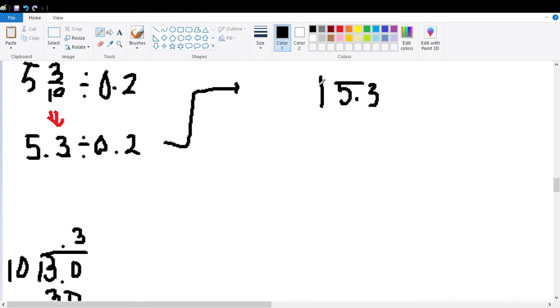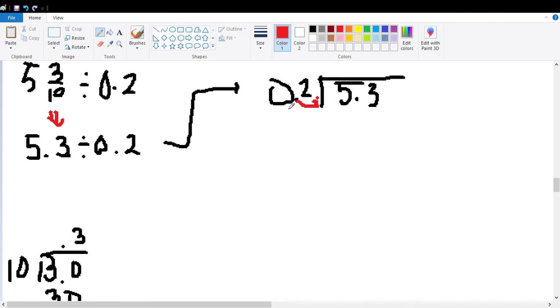The one inside. So it's going to be 5.3 divided by 0.2. Now what do we do? Can we divide it already? No, we can't. So we have to move the decimal to make 0.2 into a whole number, 2.